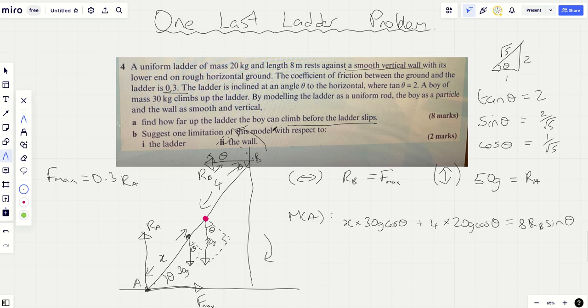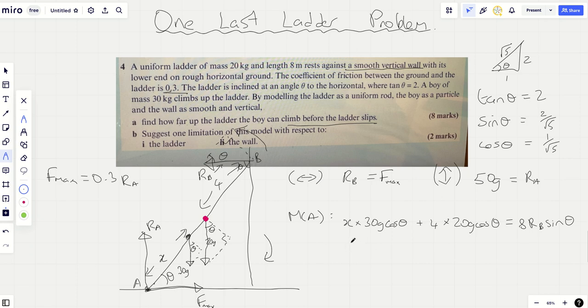Now make sure you understand all of that and exactly what I'm doing, because that's the critical step, and it's probably where you went wrong if you did go wrong. Okay, what have we got here? Let's plug some stuff in. Cos theta is 1 over root 5, sine theta is 2 over root 5. If we times everything in this by root 5 though, straight away, well, okay, I won't do that.